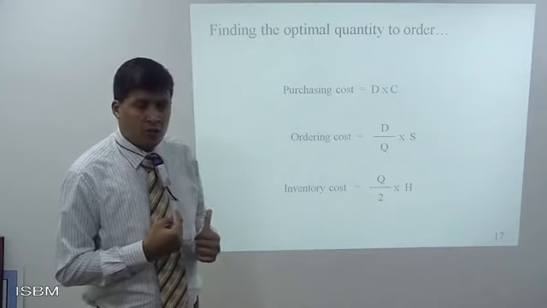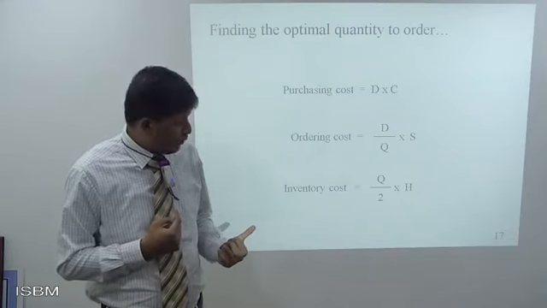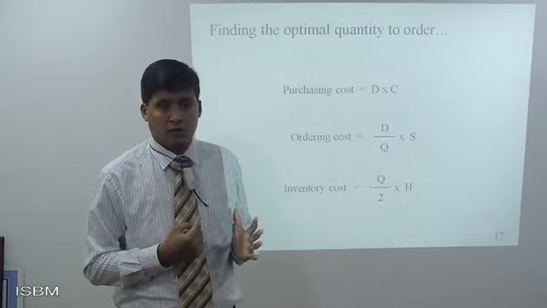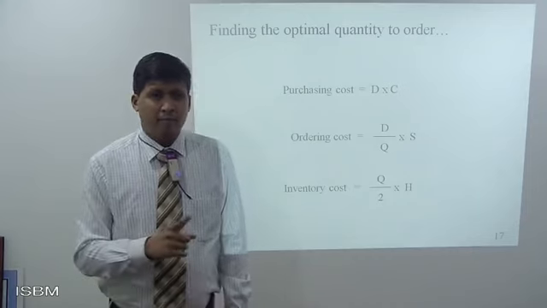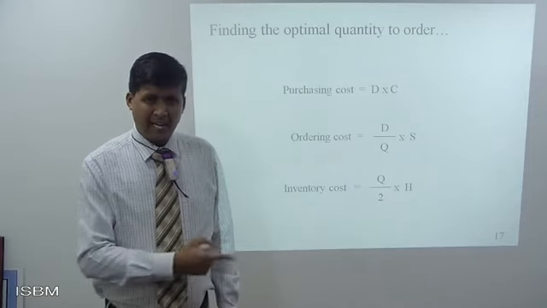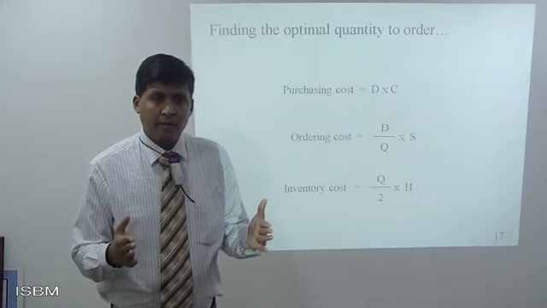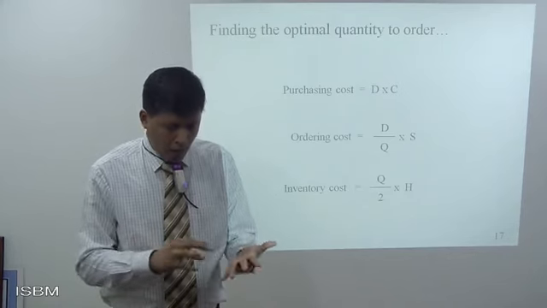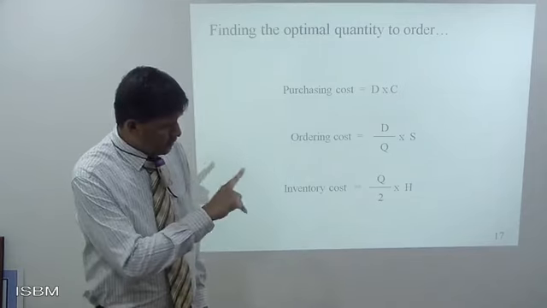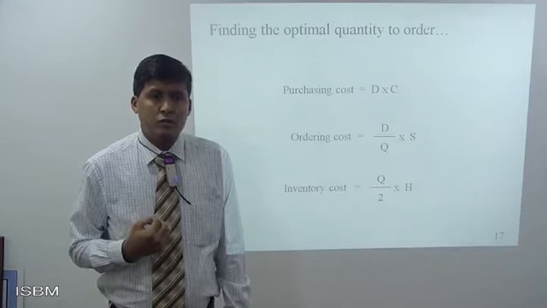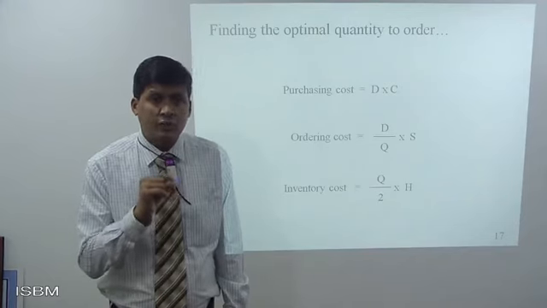Inventory cost is equal to the average quantity to be ordered, that is Q by 2, into holding cost. So these are mathematical correlates and equations, but these are certain formulae that help, since we are working out how much quantity needs to be ordered in inventory. These are a few mathematical tools that help you understand this better.